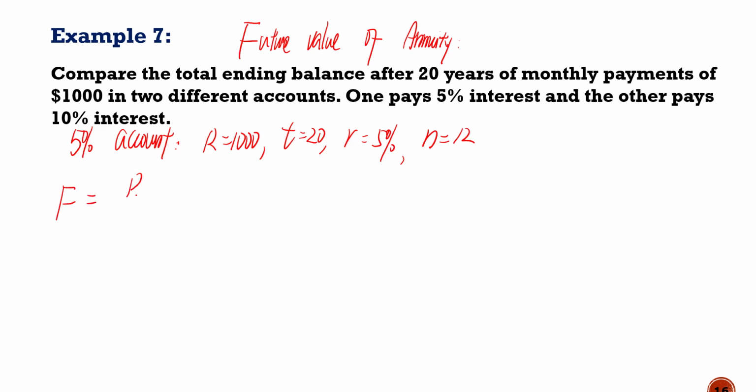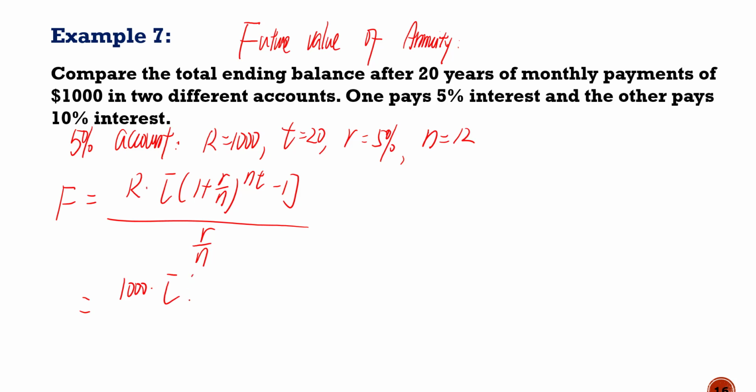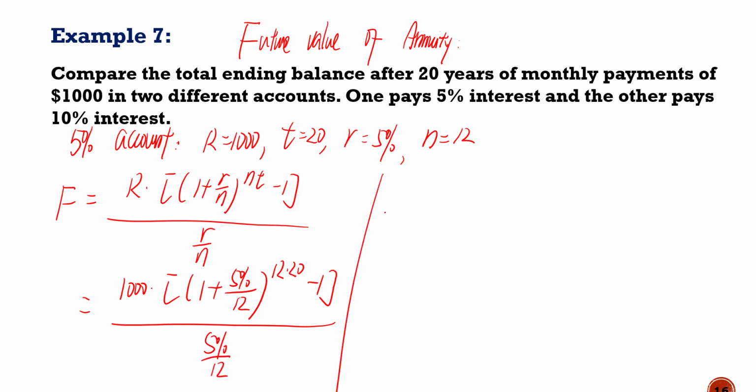So this is the regular payment, 1,000, times 1 plus 5% over 12 raised to 12 times 20, minus 1, over 5% over 12. Let's see what the future value is.